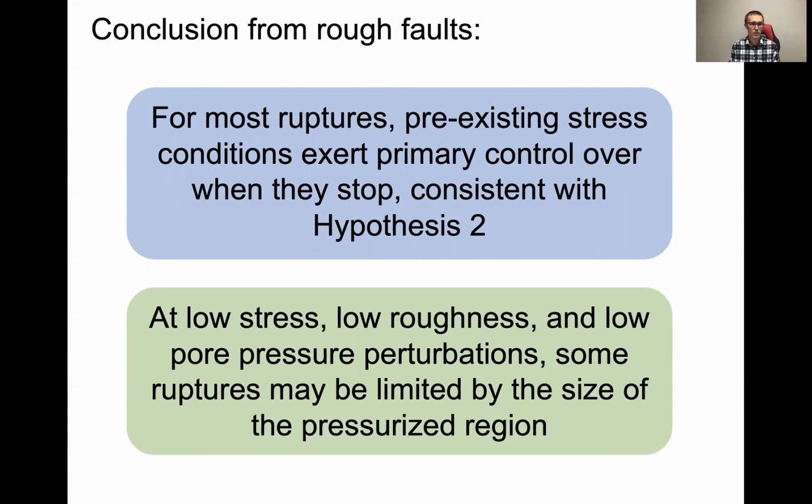This is consistent with hypothesis 1, that something about injection is limiting rupture size. And in this case, it's the spatial extent of pore pressure. What it's showing us is that there's this complex interaction between pore pressure from injection as well as the pre-existing stress conditions. And how those two things interact is what's going to determine what the largest earthquake size is.